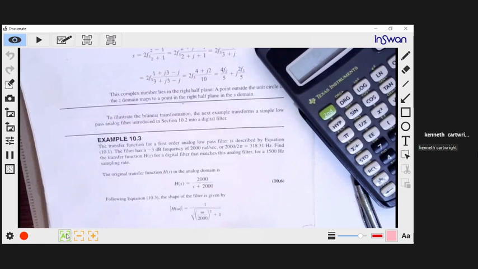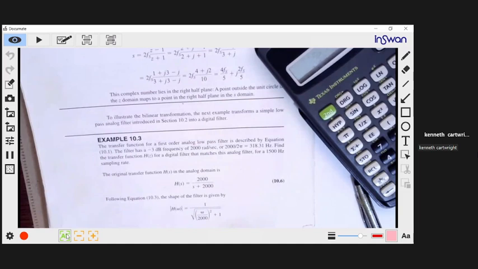The filter has a negative 3 dB frequency of 2000 radians per second, which is 318 hertz. Find the transfer function, H of Z, for a digital filter that matches this analog filter when we're using fs equals 1500 hertz.